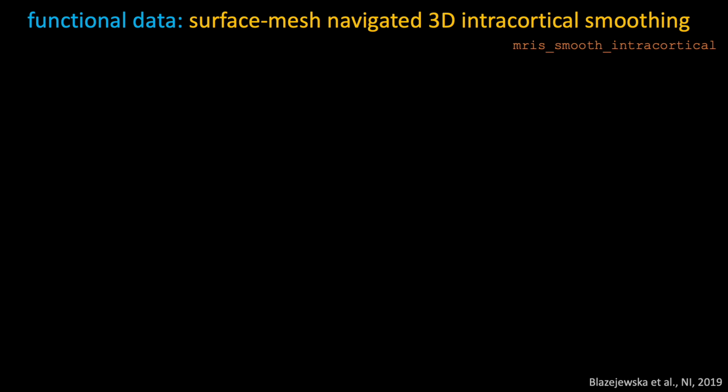And so what we proposed a few years ago was to take it a step further, and instead of treating cortex as a 2D ribbon, start looking at the cortex as a 3D structure. This is now available in FreeSurfer as a command with a very catchy name, mri_smooth_intracortical. You'll have an opportunity to practice it tomorrow if you're interested.